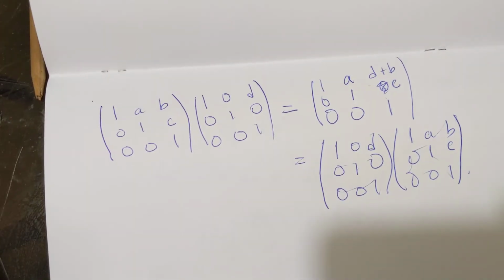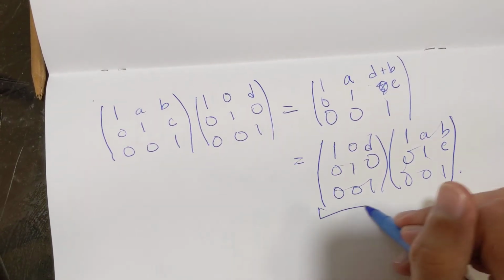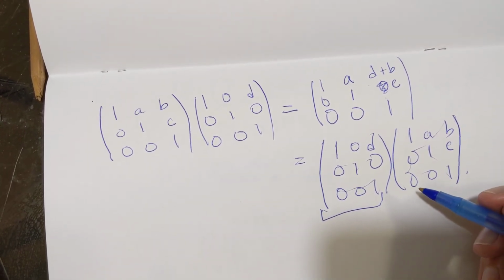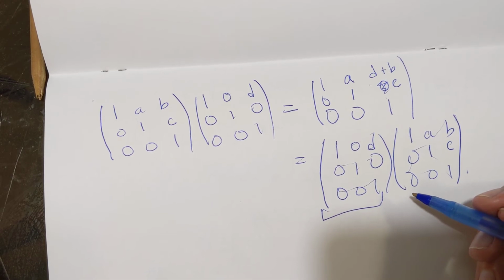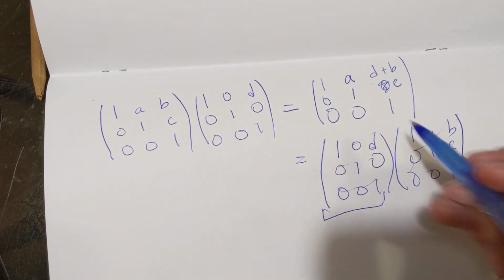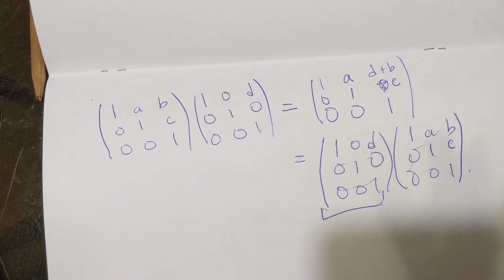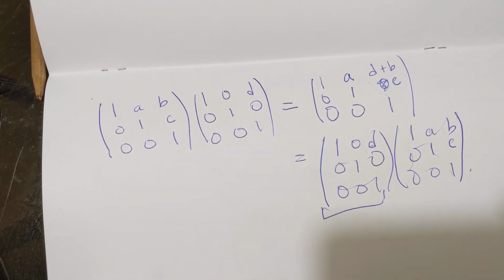So that proves that this matrix is in the center of H. It's not in the center of GL3, but it is in the center of H. Well, it is also in the center of GL3 if D equals 0, but otherwise no.